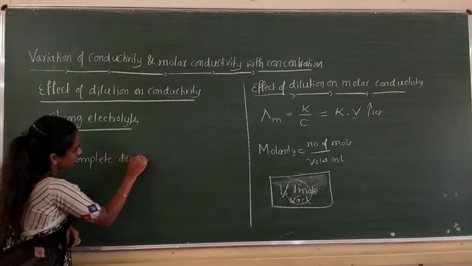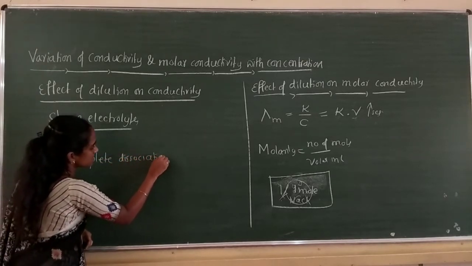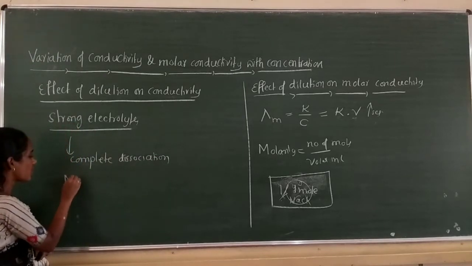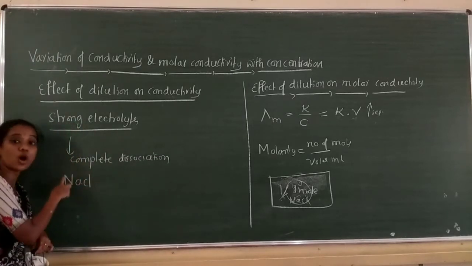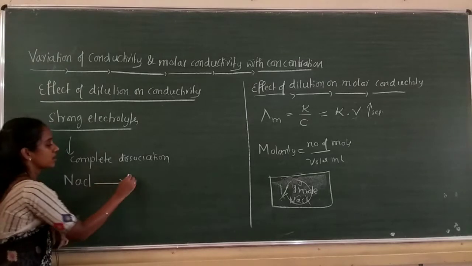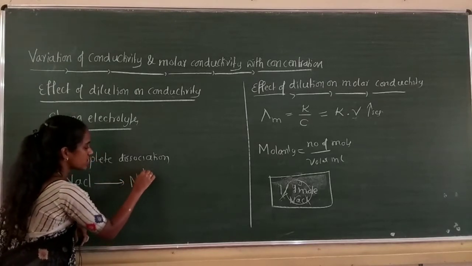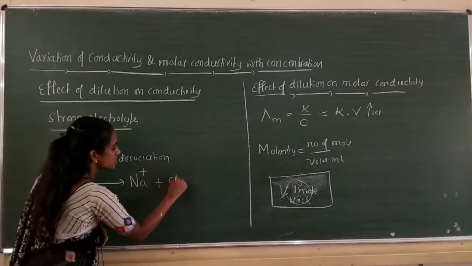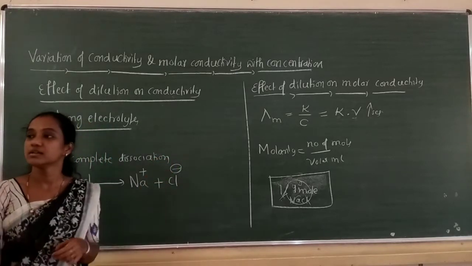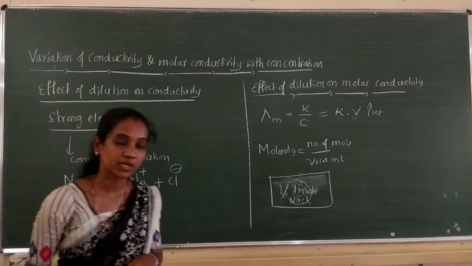If you take sodium chloride, since it is a strong electrolyte, it will completely undergo dissociation to produce Na plus and chloride ions, isn't it?